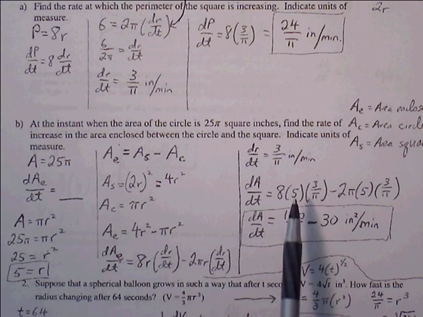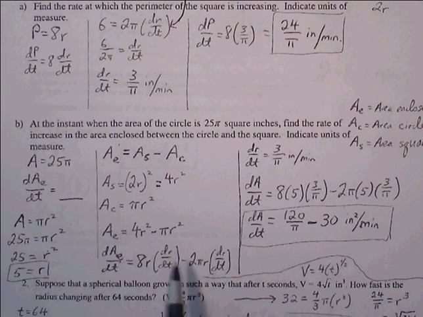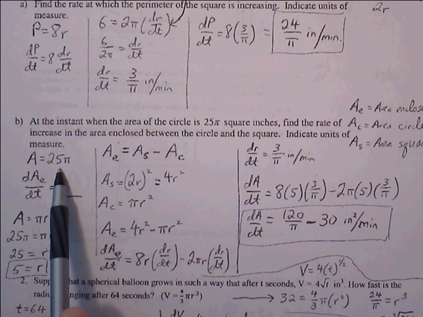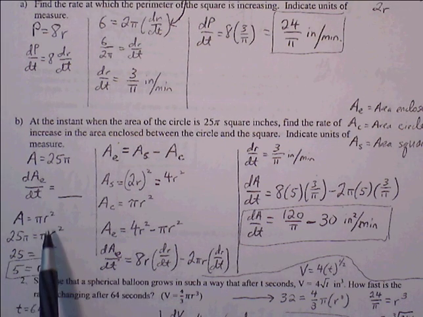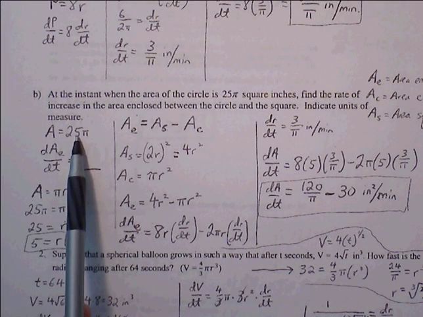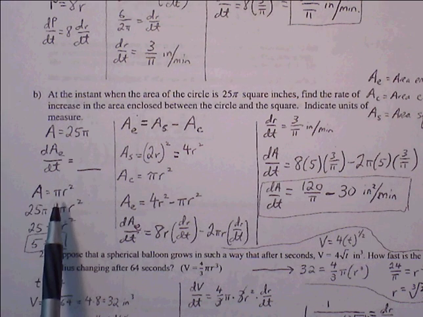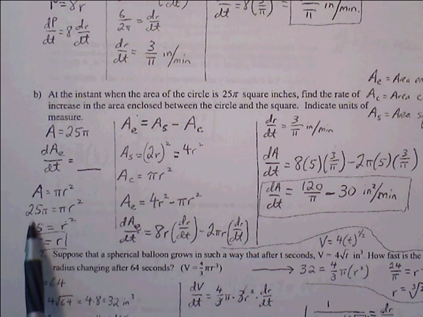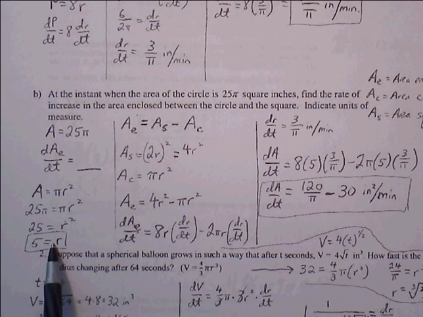The only thing missing now is the radius, right? How do we find the radius? Well, we know that the area at this moment in time is 25 pi, and we know the area of the circle is pi r squared. So then from here, we should be able to work our way down to find the specific radius at this moment in time. So we can replace A with 25 pi, divide both sides by pi, we get 25, take the square root, so radius is 5.